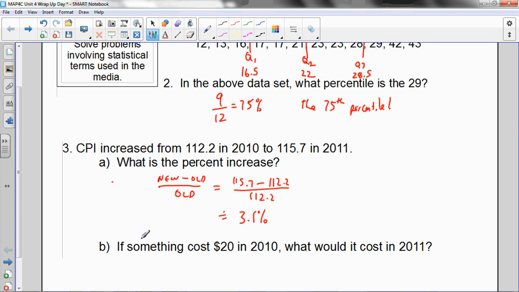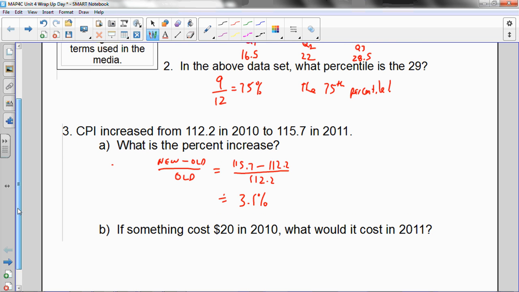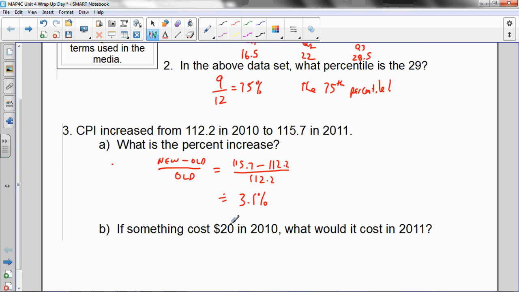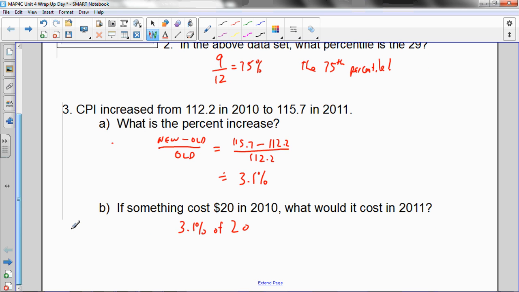If something cost 20 bucks in 2010, what would it cost in 2011? Well, what we could do is figure out the increase. The increase was 3.1% of the $20, and that's like a grade 9 percent question. 0.031 times 20 is 62 cents, about, calculator.